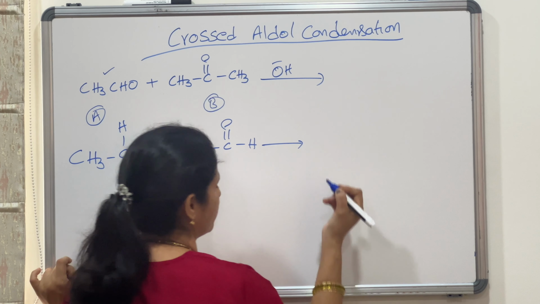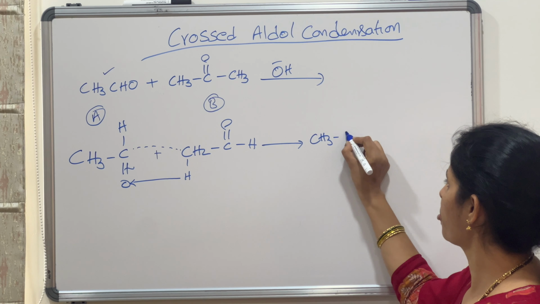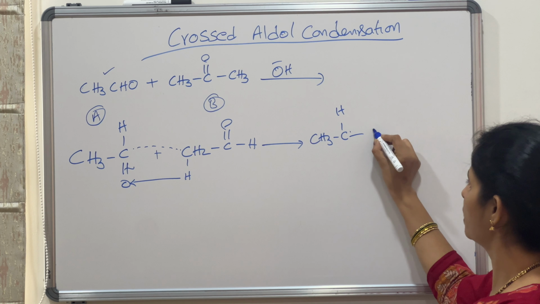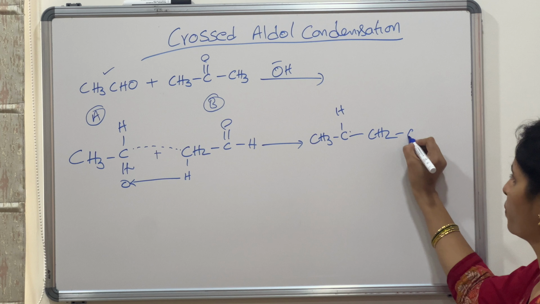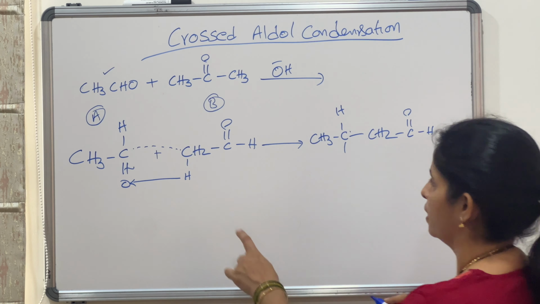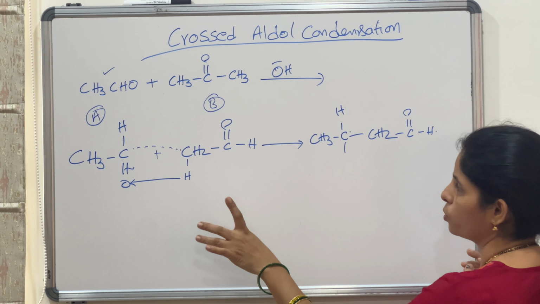So if you write like this, what will you get? You will get CH3, here CH, here CH2, C double bond OH. Here I have written the two steps simultaneously.